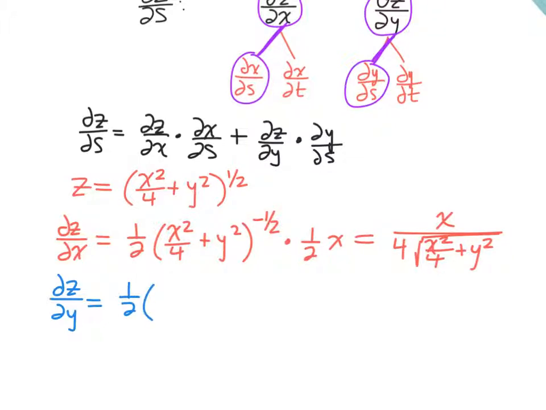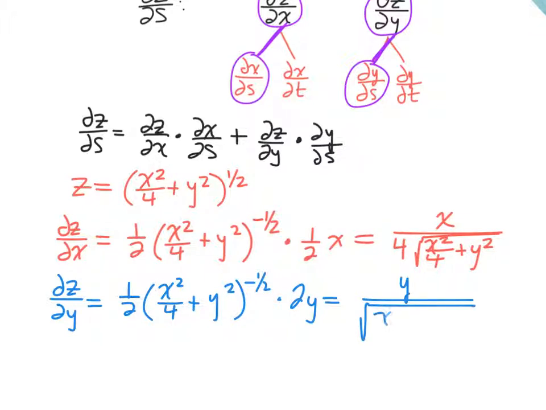Same jazz, at least to begin. So we're looking at y over the square root of x squared over 4 plus y squared. All right, the 2's would cancel out. That radical is just going to the bottom.